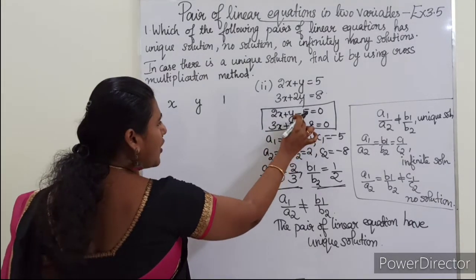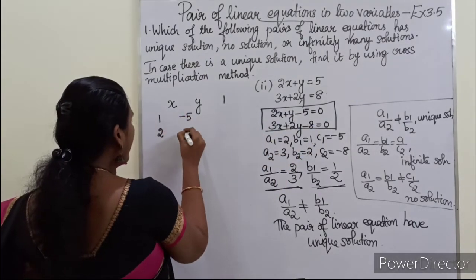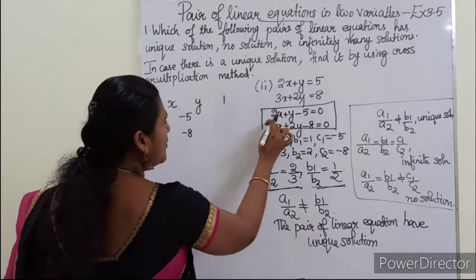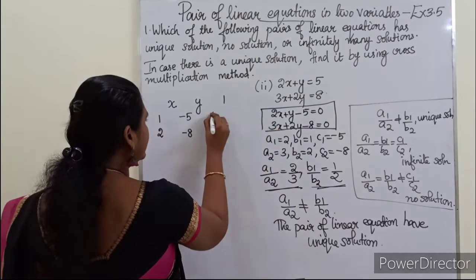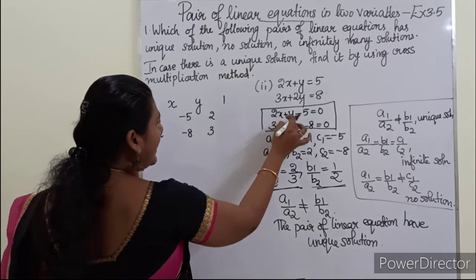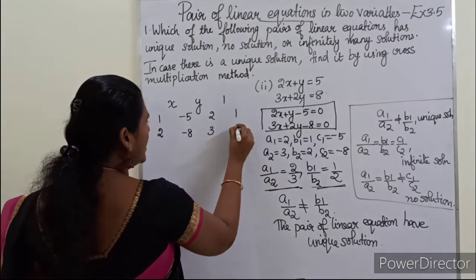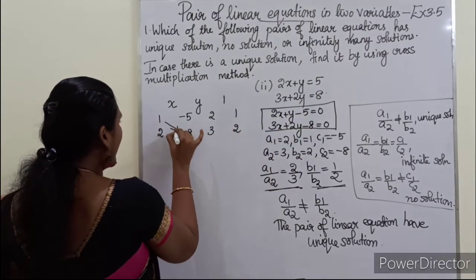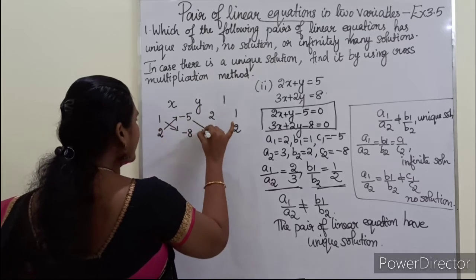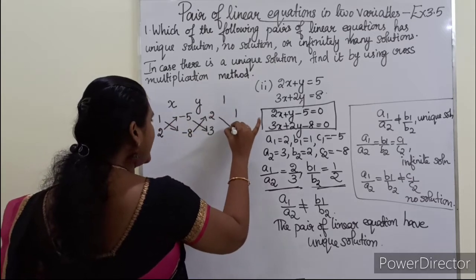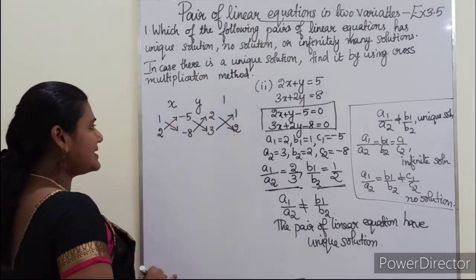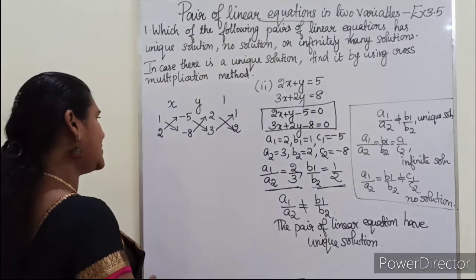Then we will write the constant terms, that is minus 5, minus 8. Then we write the coefficients of x, that is 2, 3. Then again the coefficients of y, 1, 2. Now we have to draw arrow marks. These arrow marks indicate the numbers to be multiplied, and the second product is to be subtracted from the first product.